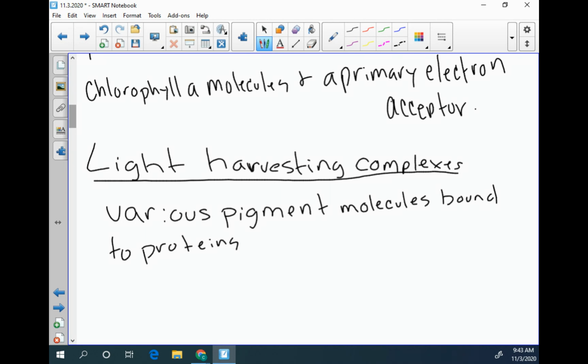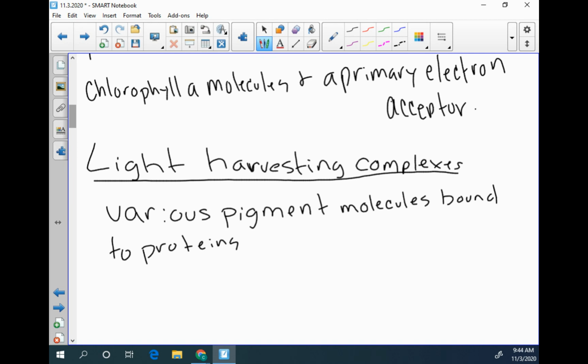And the way it works is if you were to look at a photosystem, you would have all of these light harvesting complexes, so all of these pigments and proteins, surrounding in the center a reaction center complex, with its two special chlorophylls and that primary electron acceptor.